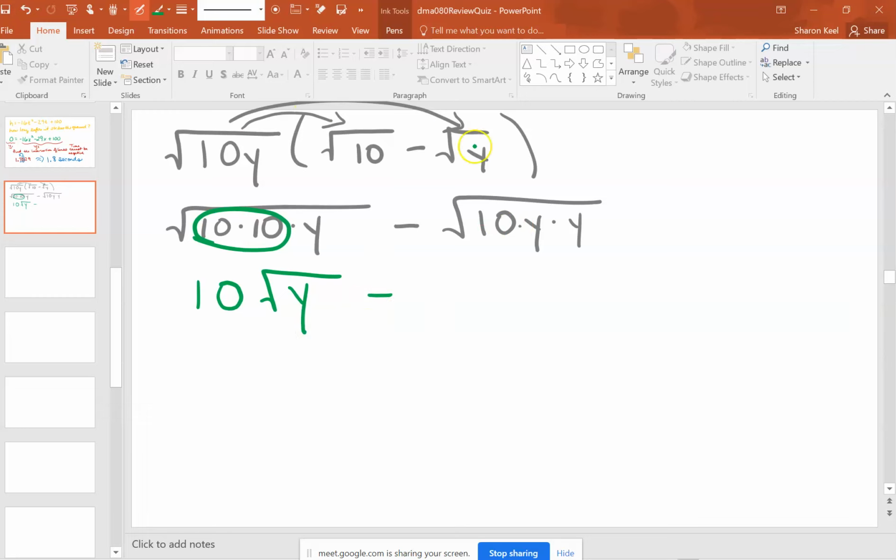Here, when we distribute, we have a pair of y's, so it's the y that comes out, and what's left under the radical is that single 10. I personally don't write 100y and 10y squared. When I distribute, if I see I have a pair of the same, I recommend that you start taking that out then rather than writing it longer and then having to come back and do a lot of extra simplifying.